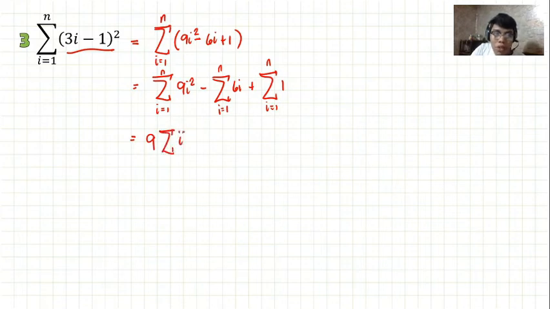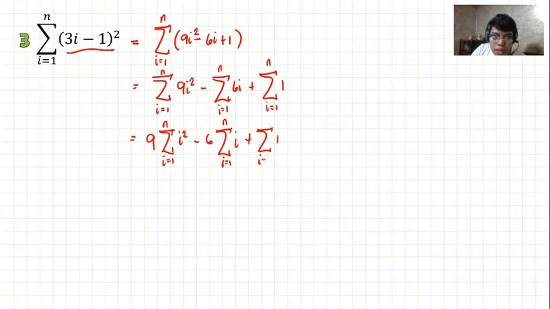Summation of i squared, i from 1 to n, minus 6 times the summation of i, i from 1 to n, plus the summation of 1, i from 1 to n. Okay? Now, let's apply the formulas for i squared and i.